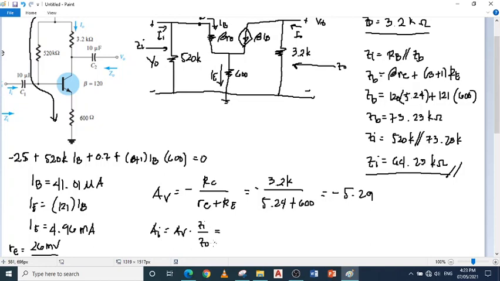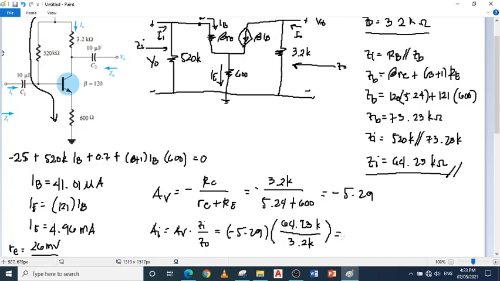And then, ang AV natin is negative 5.29 times, anong ZI natin? Ayun, 64.23 kilo divided by, ang ZO natin is 3.2 kilo. Okay.